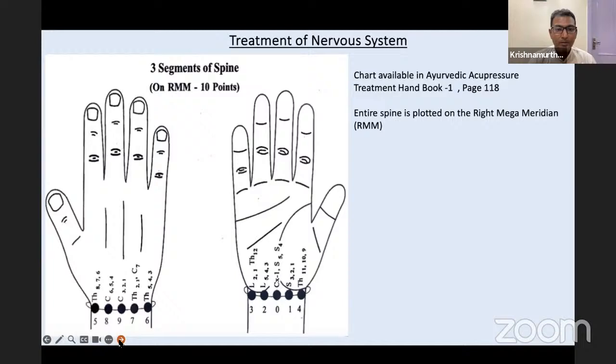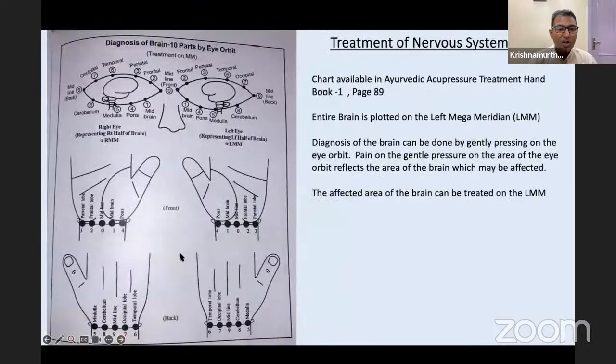Also, if you want to treat the brain, you can treat it on the left mega meridian.